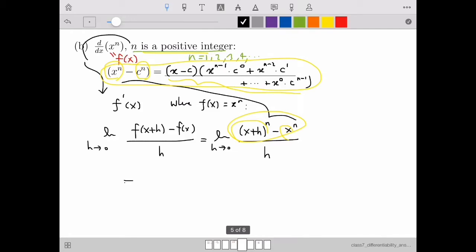So this is the limit as h approaches 0. I have h in the denominator, so something minus this.